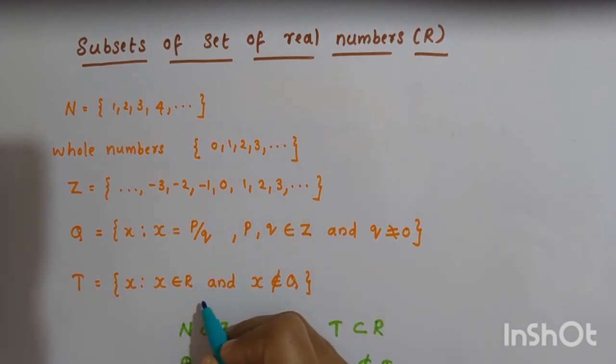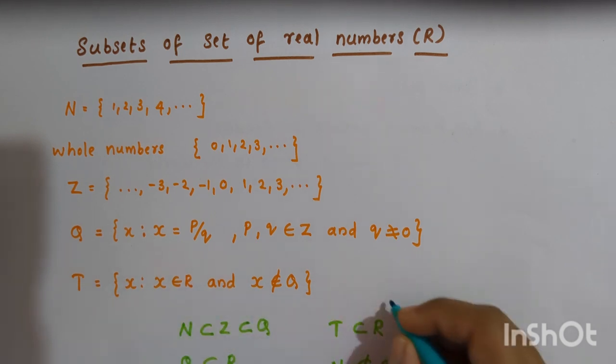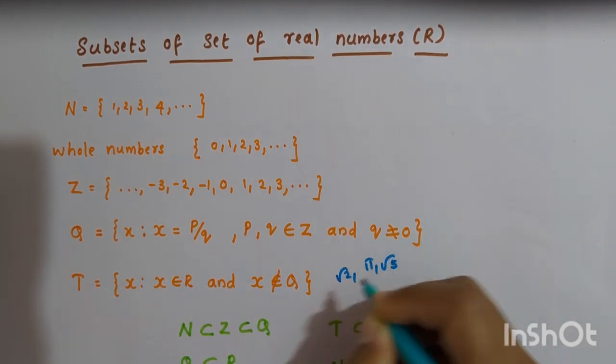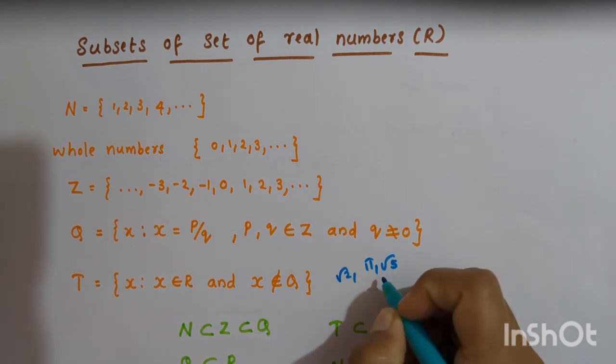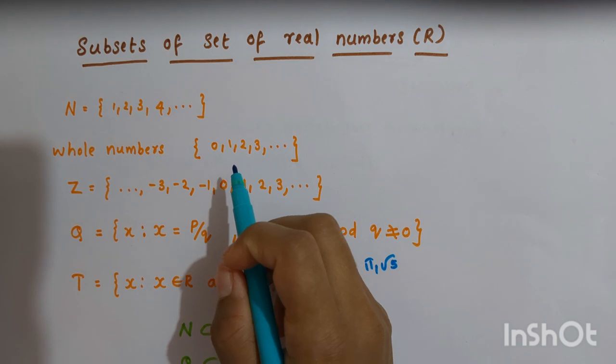So all real numbers that are not rational are in the set of irrational numbers. For example, root 2, pi, root 5, etc. They are irrational numbers. So all these are subsets of the real number set R.